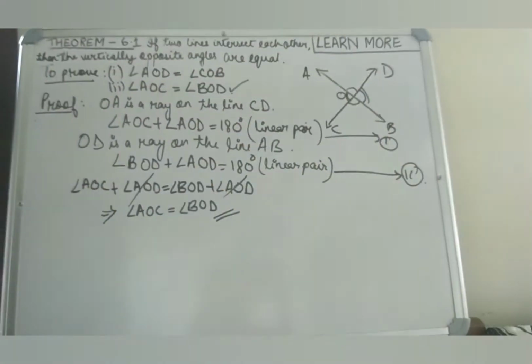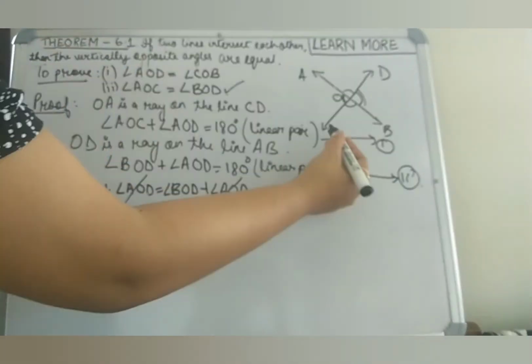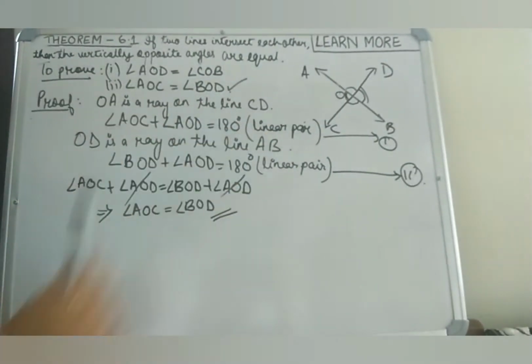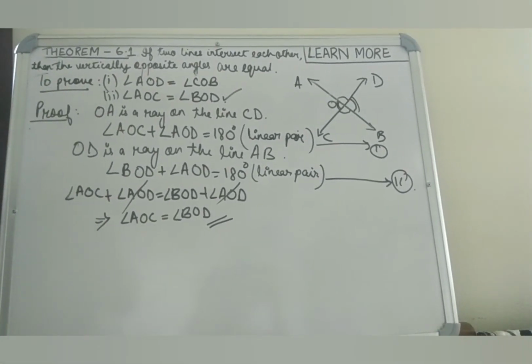Now similarly for the next pair, angle AOD and angle COB, we can prove it in a similar manner. We have to take another ray.